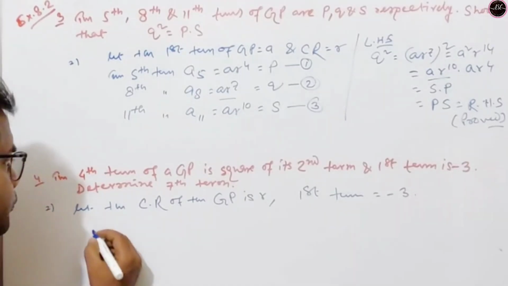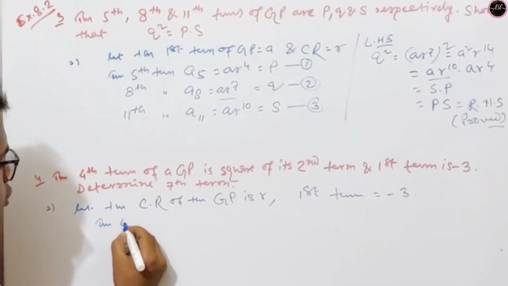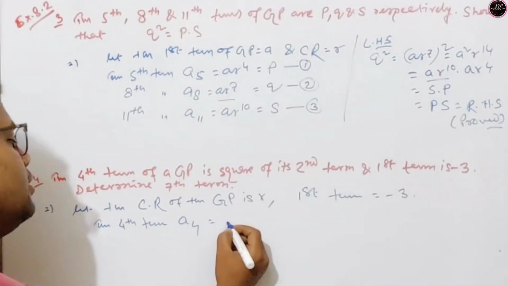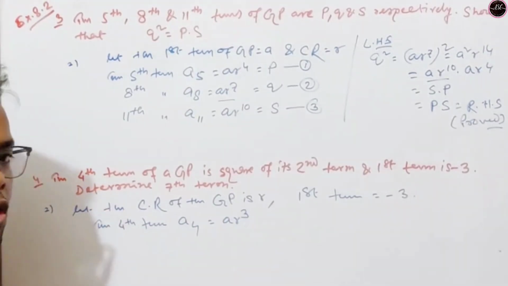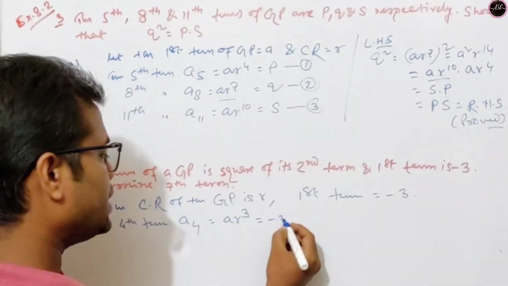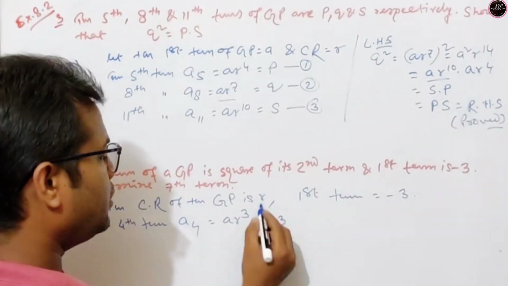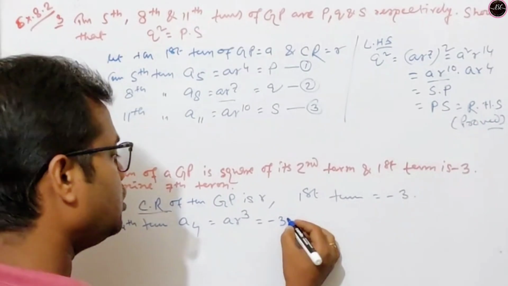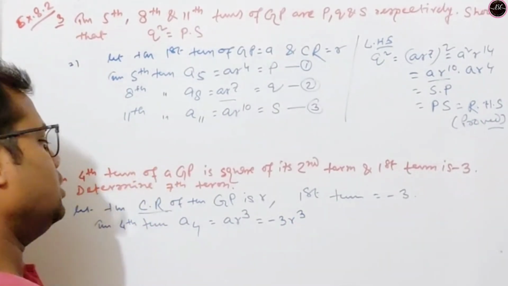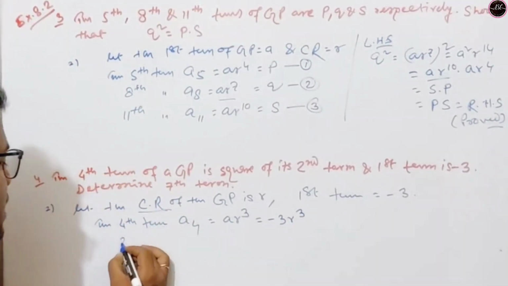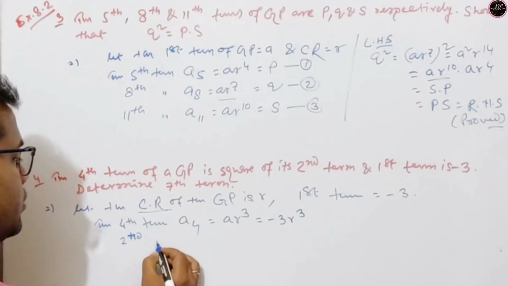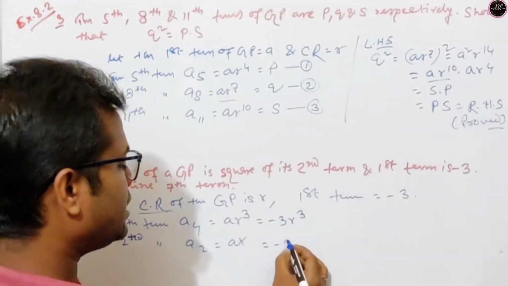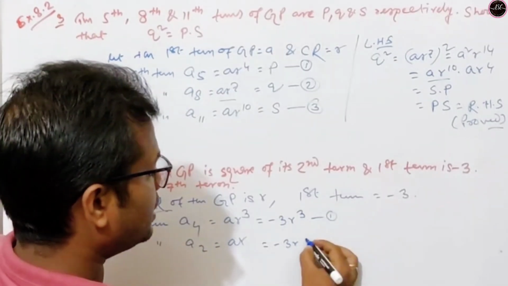So the fourth term A4, that means A r cubed. Here A equals -3 and let the common ratio be r, so -3 r to the power 3. And the second term A2 equals A r, so that will be -3r. This is 1 and this is 2.